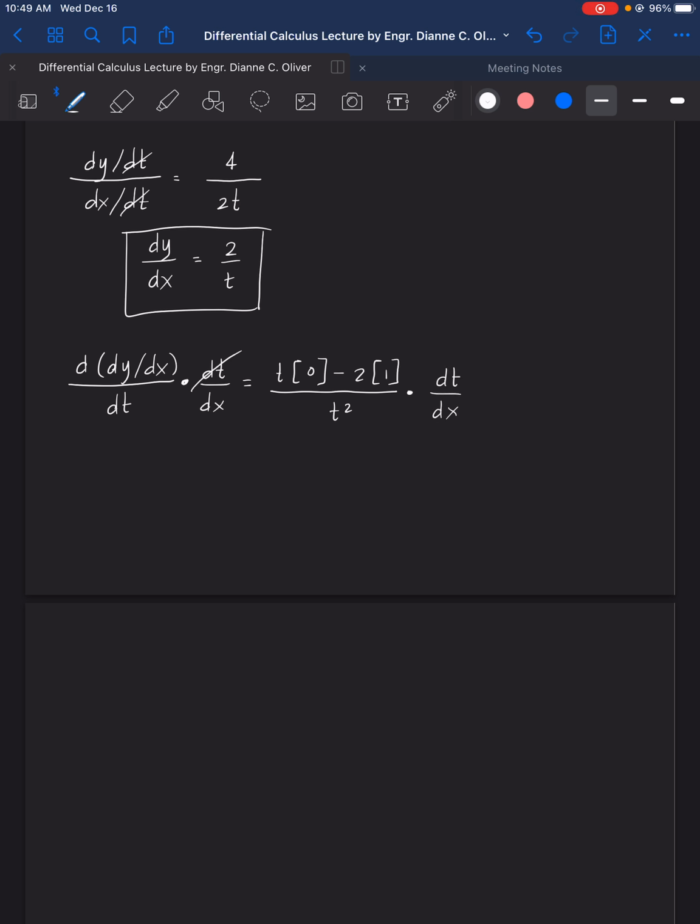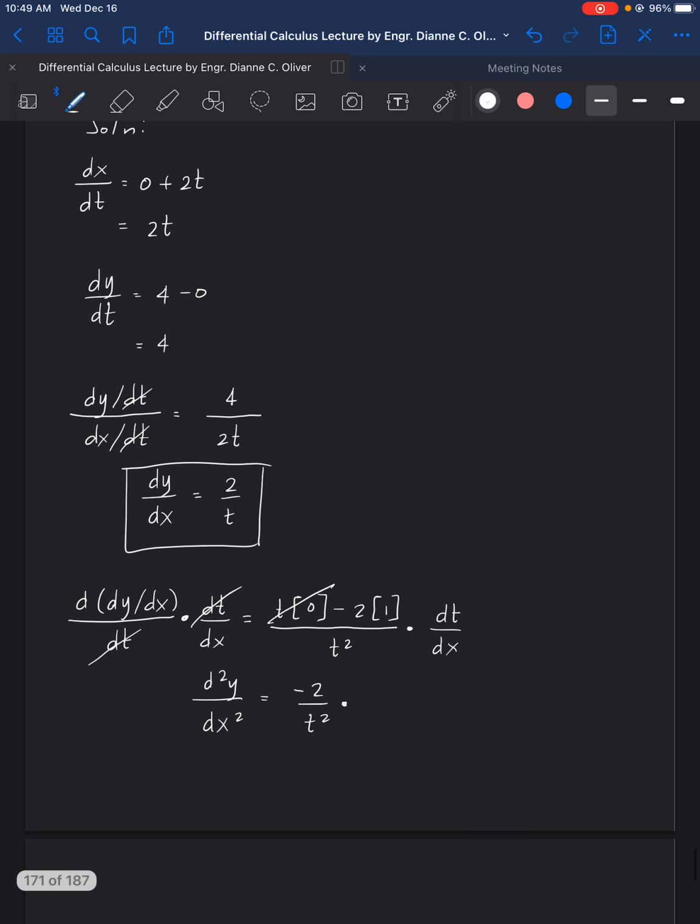So if we cancel this one out, what's left will be d squared y over dx squared. So the derivative of 2 is 0. So this is negative 2 over t squared multiplied with the reciprocal of dx over dt. The value for dx over dt is 2t, so dt over dx here will be 1 over 2t.